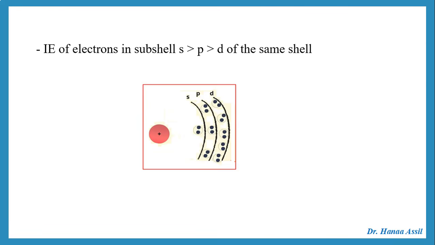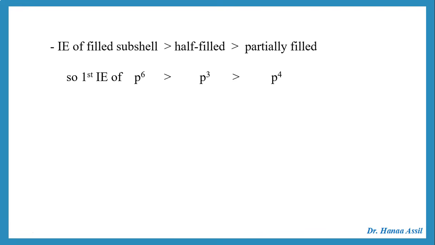If I try to remove from an S compared to removing from a P, the one that is removed from the S will need more energy because it is nearer to the nucleus, more strongly attracted to the nucleus. An electron that is removed from the P and another one removed from the D, then the one removed from the P will need more energy because it is closer to the positive nucleus.